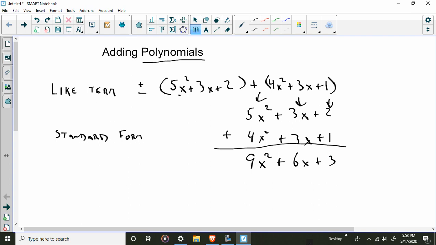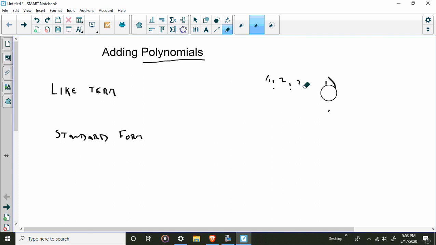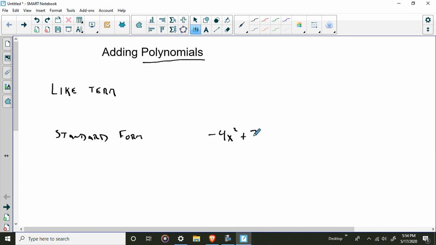All right, let's talk about what standard form is and how it can get you into a little bit of trouble. What if I said I've got negative 4x squared plus 2 plus 3x, and add to that 3x squared plus 2x plus 1.